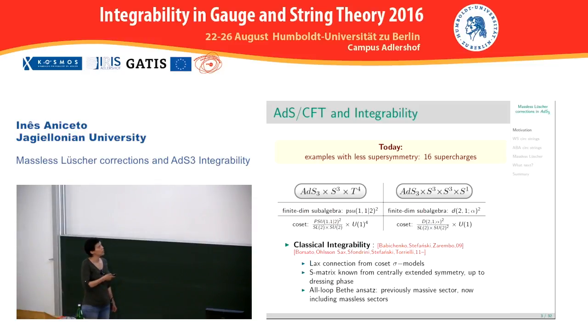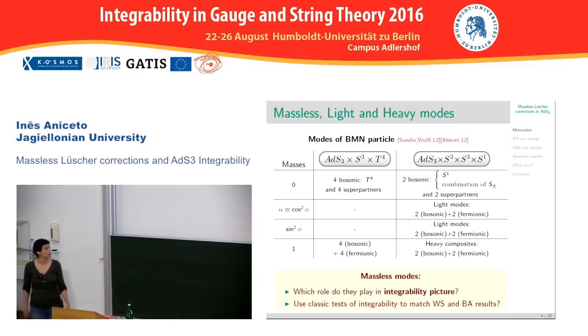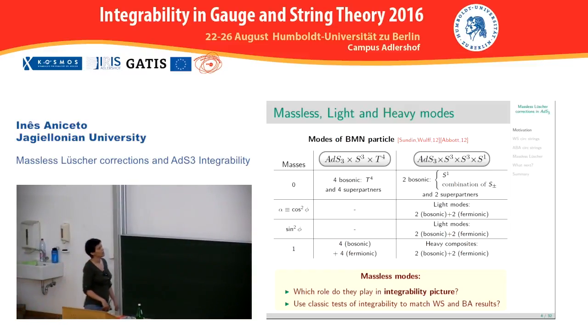And so what is new that I want to discuss today is that if you study the modes or excitations around the BMN particle, what you find are massive excitations. This alpha here is, as Olaf mentioned this morning, such that each one of these spheres will have a particular radius which is given by alpha, or 1 minus alpha.